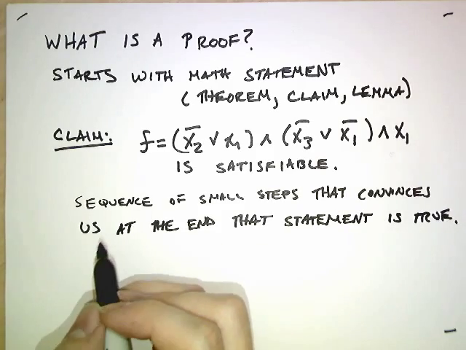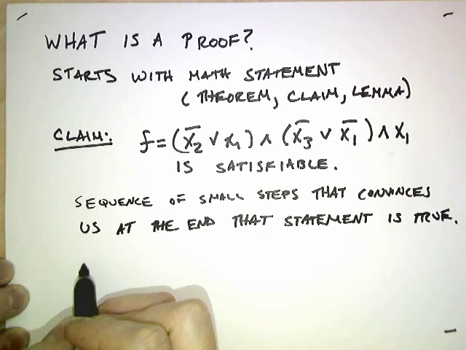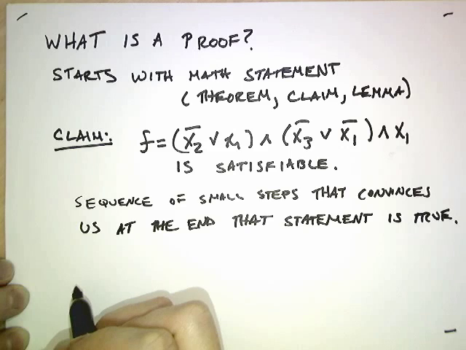Now, what is a small step? Well, a small step is a step that is not too difficult to follow for someone who is reasonably competent in math or science. That's what my definition is going to be for this class.